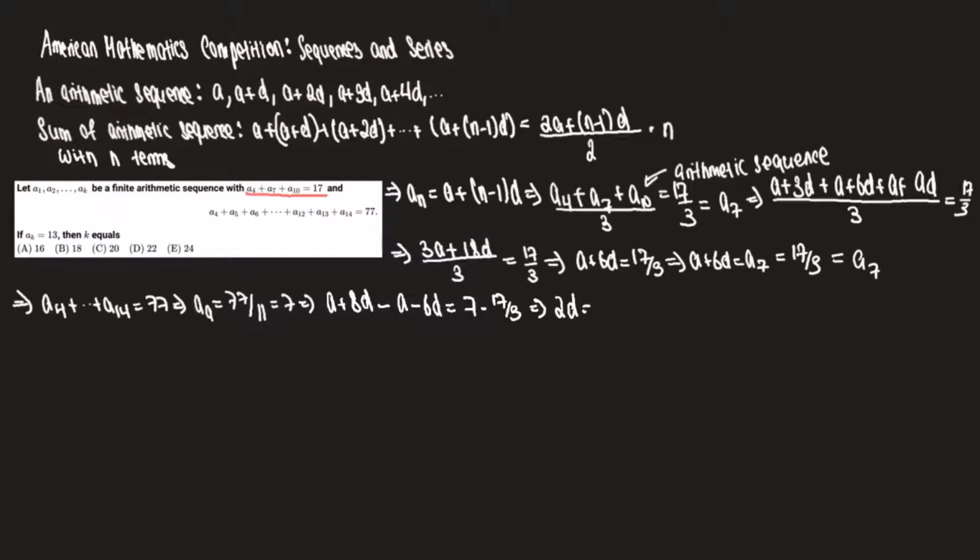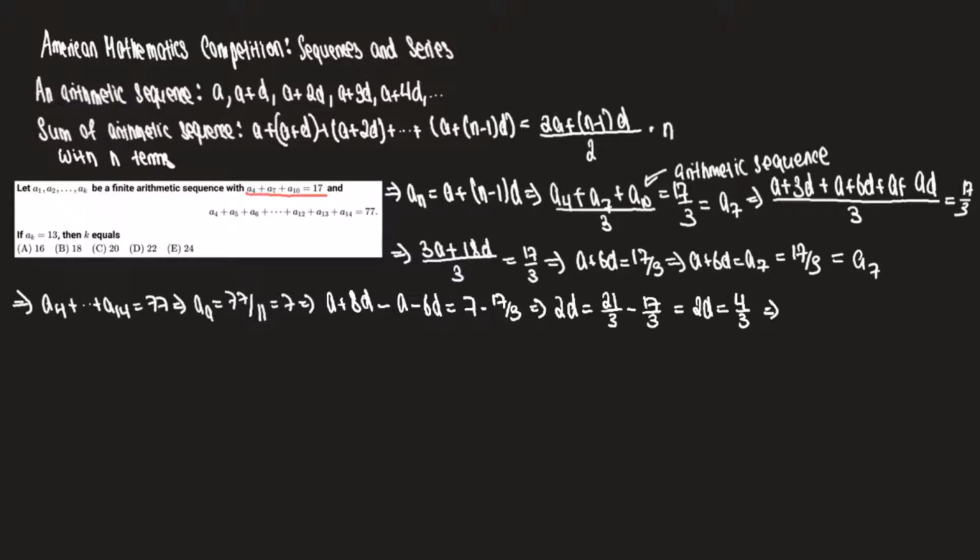2D equals 7 minus 17/3. We gotta make that a common denominator, so that's 21 over 3 minus 17/3. Alright? That's 2D equals 4 thirds.